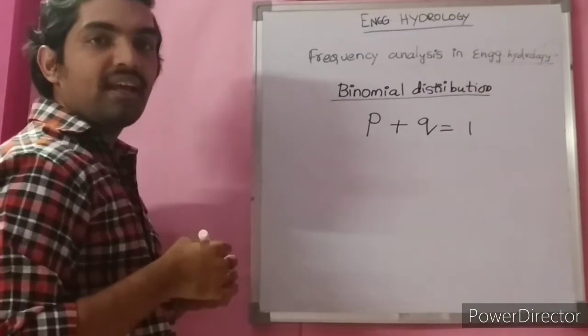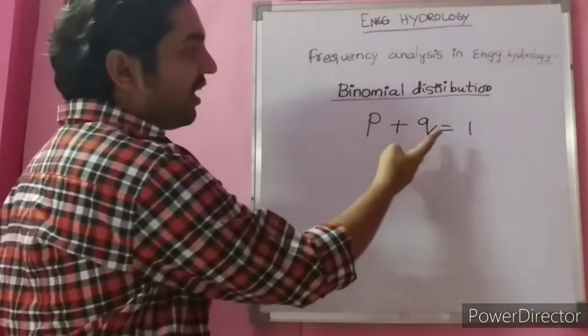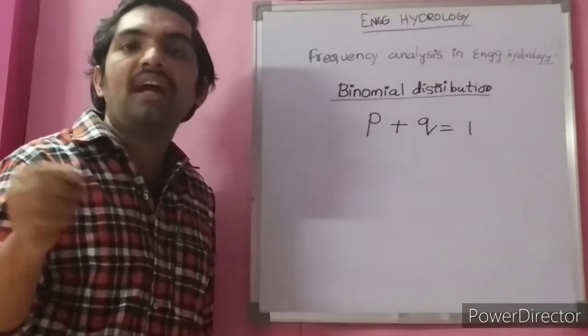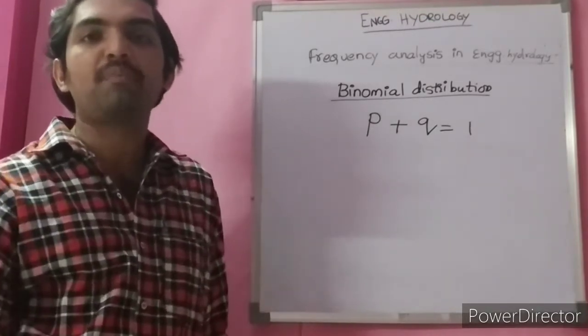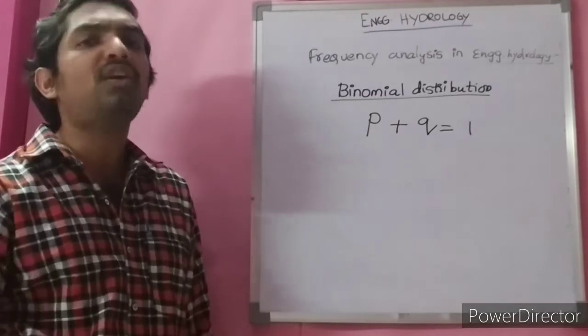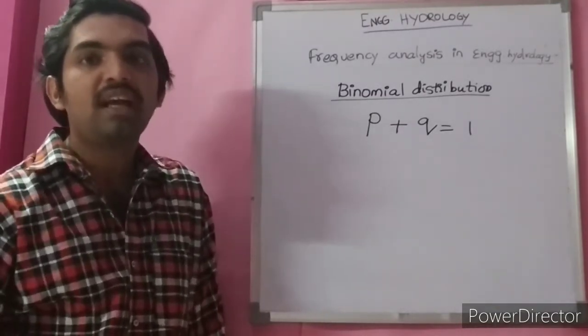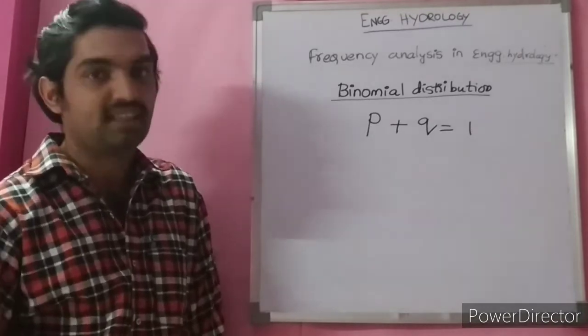Let us say these are two events which are independent of each other. When you write an exam, the probability of success and the probability of failure are independent of each other. One person may get success and another person may get failure in the same examination.